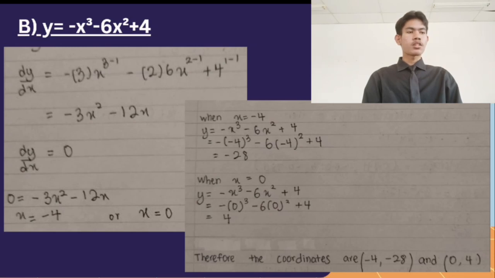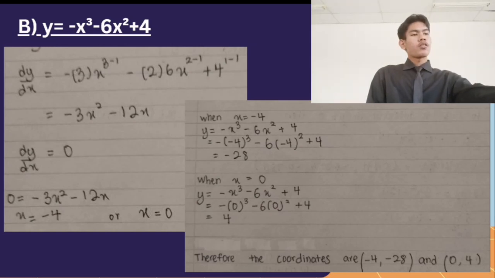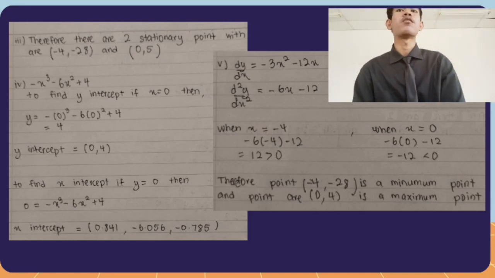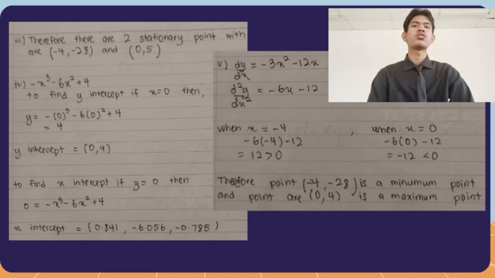We change s to 0, so we get the answer 4. So therefore the coordinates are (negative 4, negative 28) and (0, 4). Then there are two stationary points, which are (negative 4, negative 28) and (0, 4).